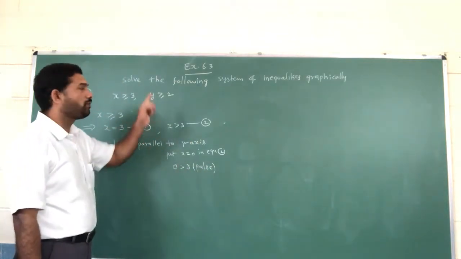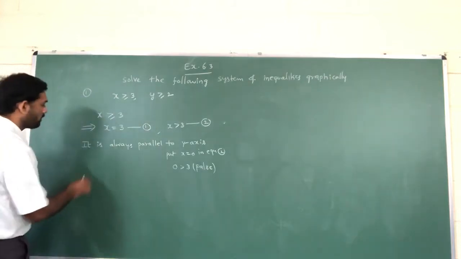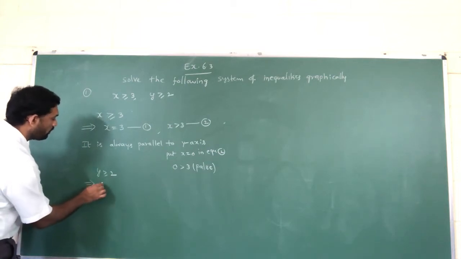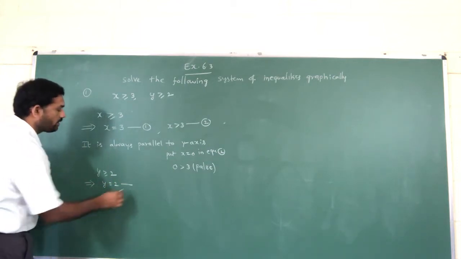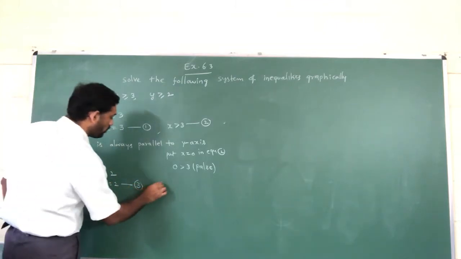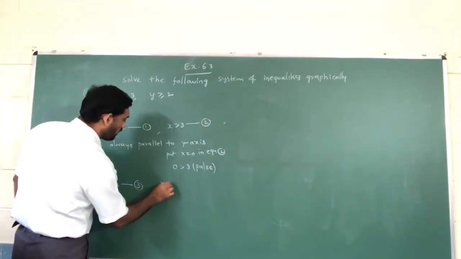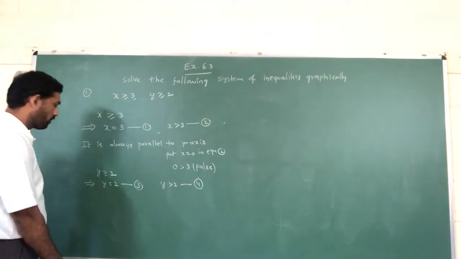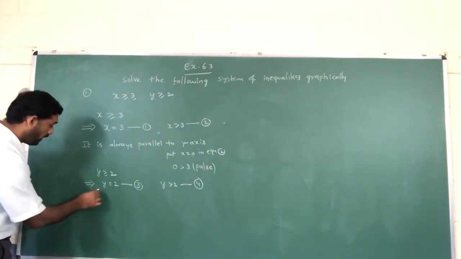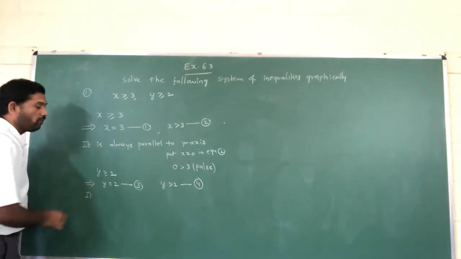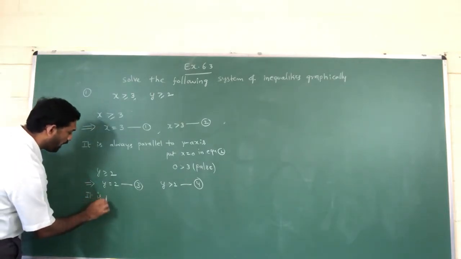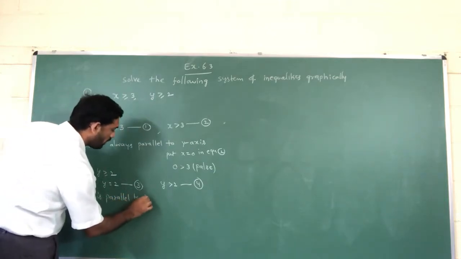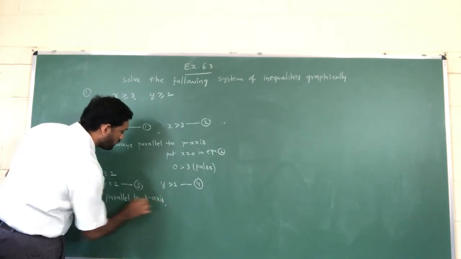Similarly, take the second inequality. What is that? y greater than or equal to 2 implies y equal to 2, which is equation number 3, and y greater than 2, which is equation number 4. Now y equal to 2 is parallel to the x-axis.